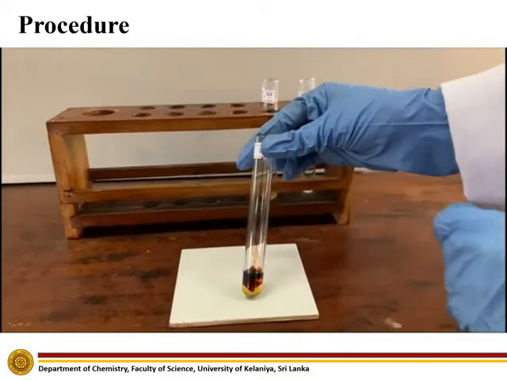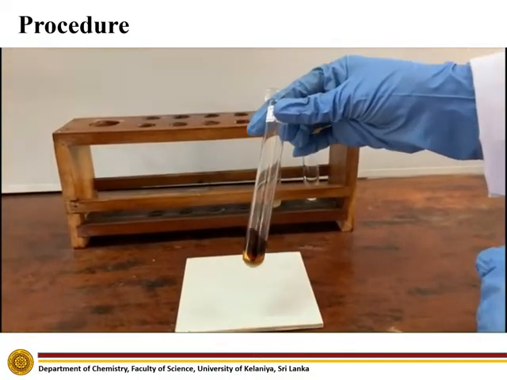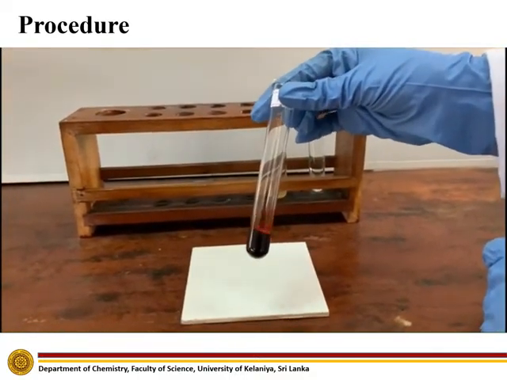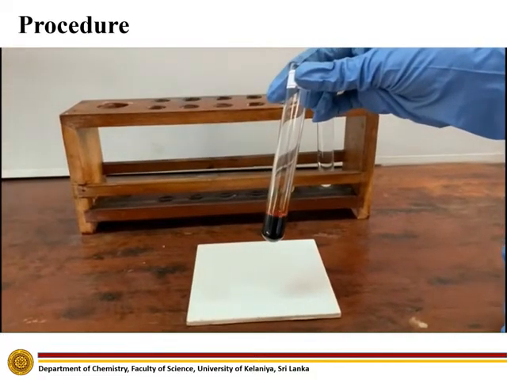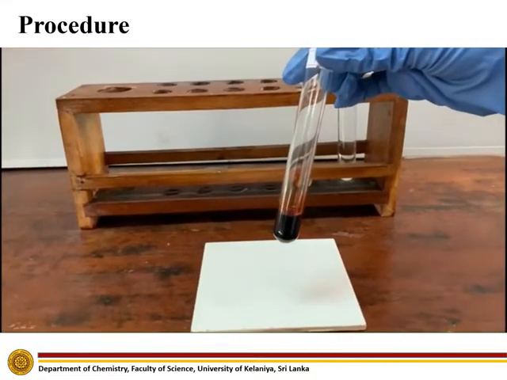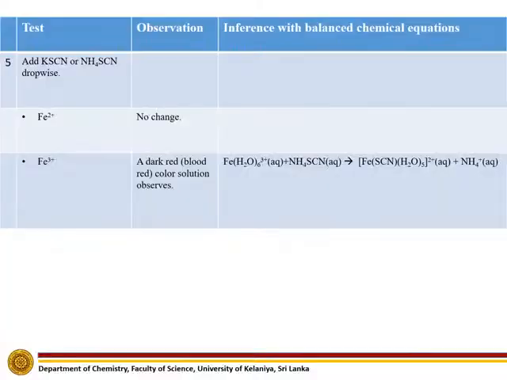A dark red or blood red color solution is observed in ferric ion solution. Observation and results. When we add potassium thiocyanate or ammonium thiocyanate dropwise, only the ferric ion solution will create this complex to give a dark red or blood red color solution.